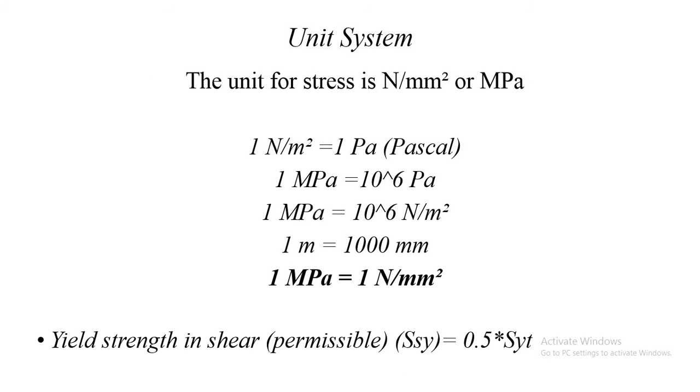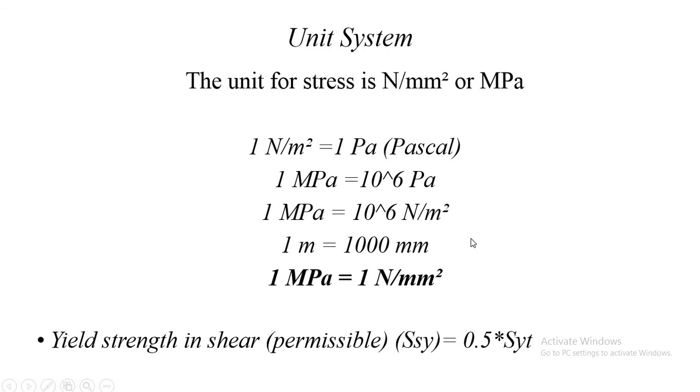Unit system. The unit for stress is Newton per mm square or megapascal. We understand that 1 Newton per meter square is 1 Pascal. 1 megapascal is 10 raised to 6 Pascal, or 1 megapascal can be written as 10 raised to 6 Newton per meter square. 1 meter is equal to 1000 mm.